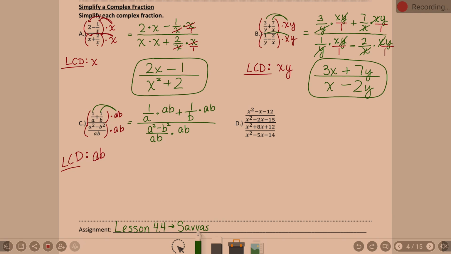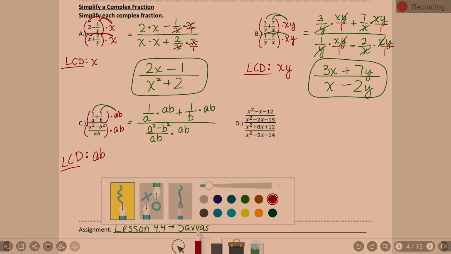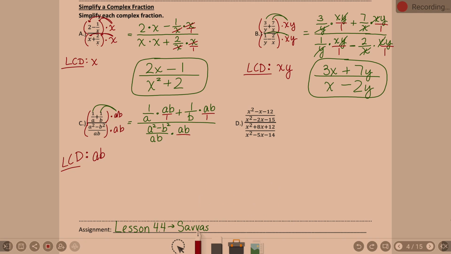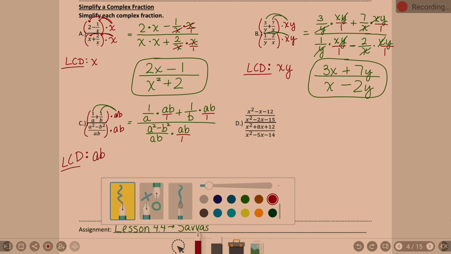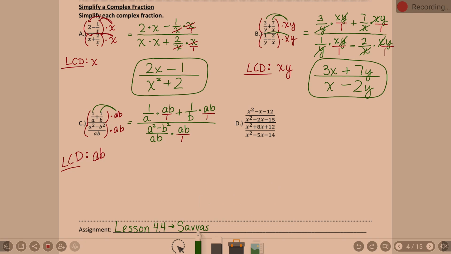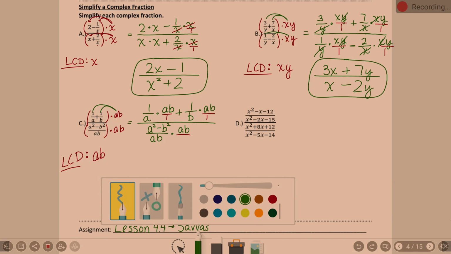What is AB as a fraction? What is anything as a fraction? Over 1. Put it over 1. Okay. 1 over A times AB over 1. What cancels? A in the denominator cancels with A in the numerator. 1s I usually just ignore.